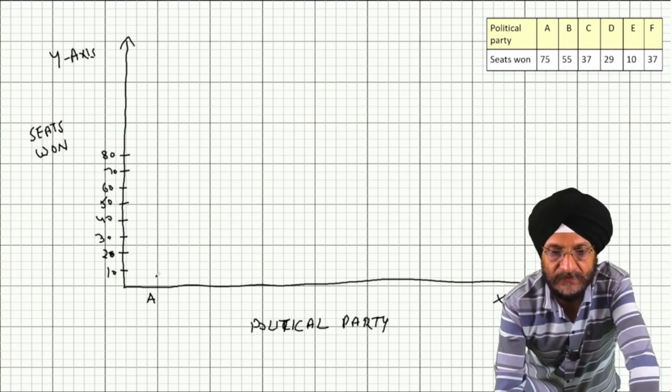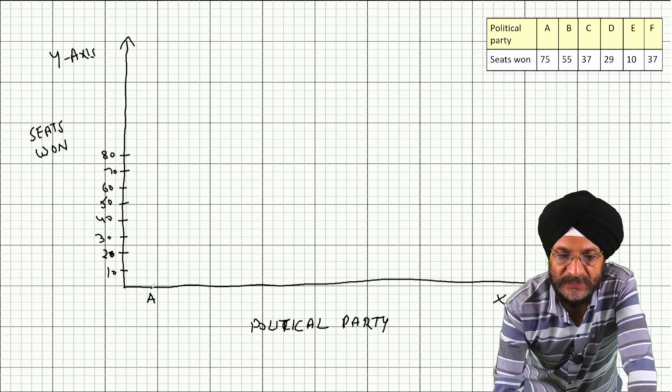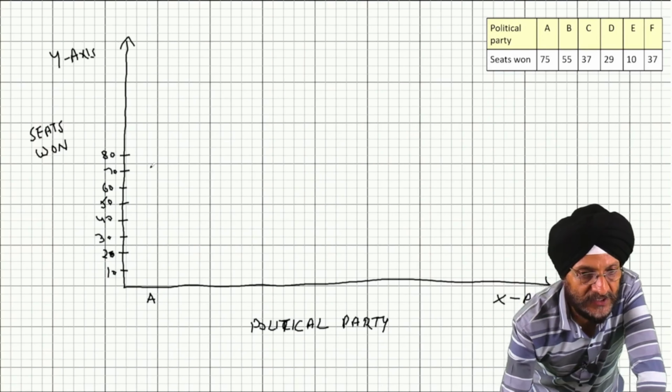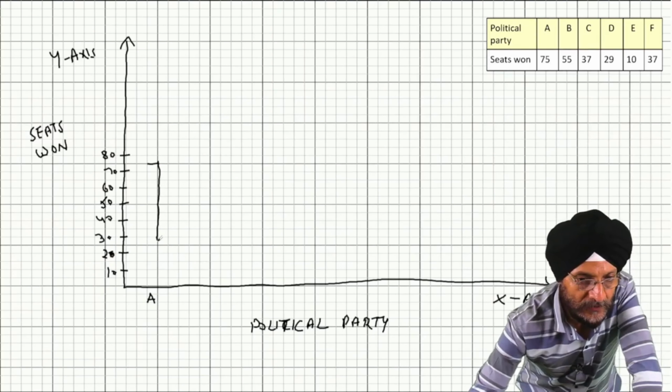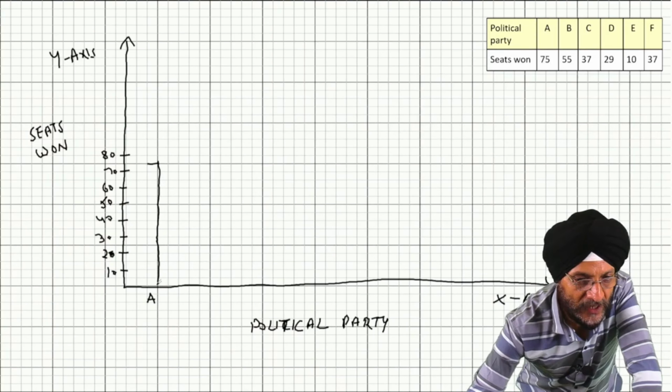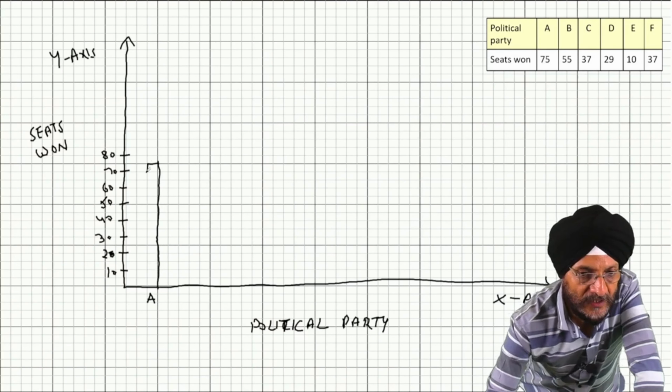So now what has political party A won? It has won 75 seats. So it will be here. We will form the bar in respect of political party A. So this is the bar. You are to draw the straight line.